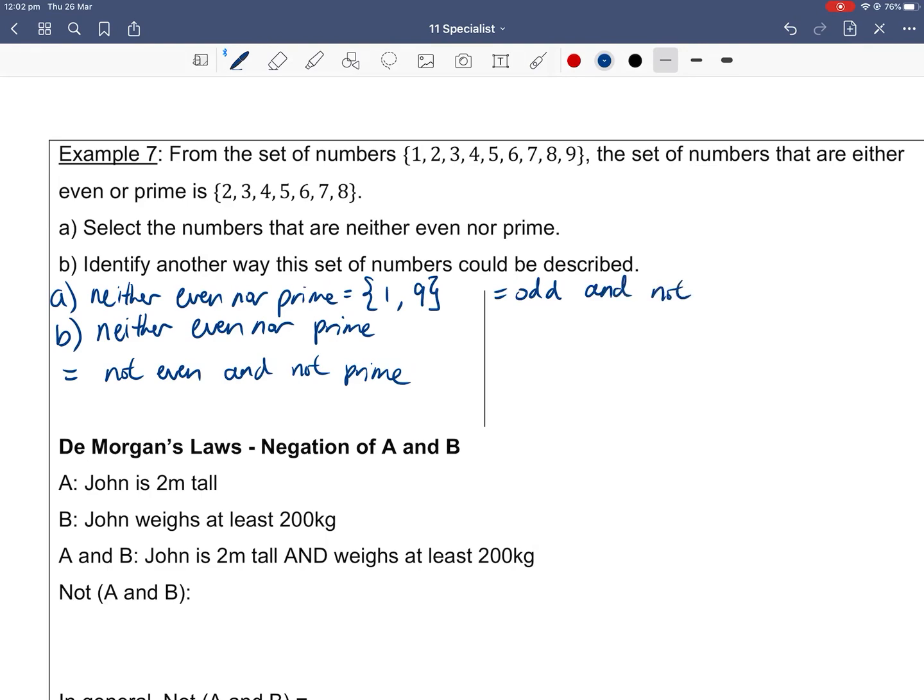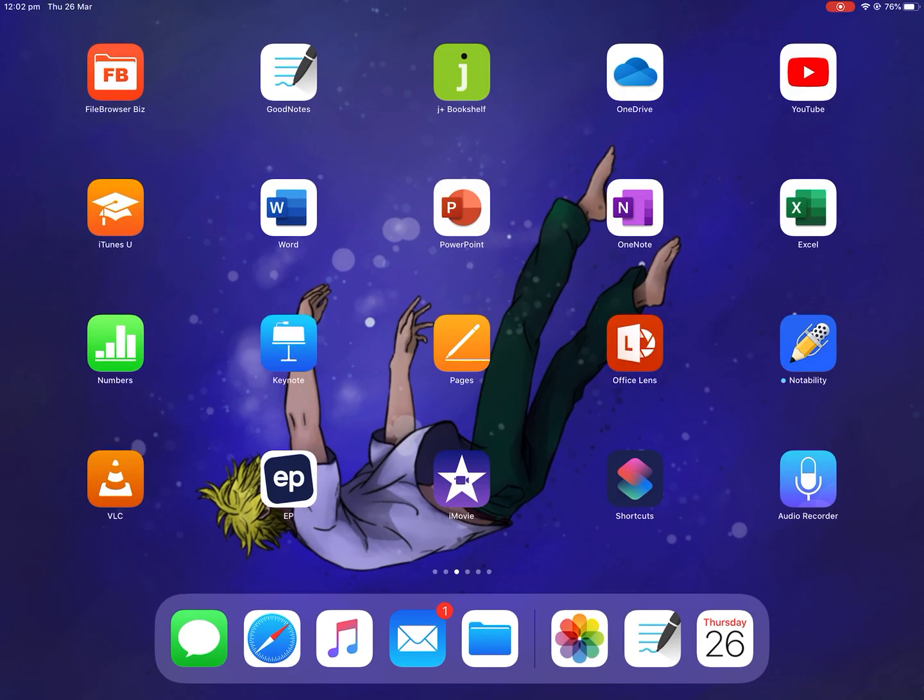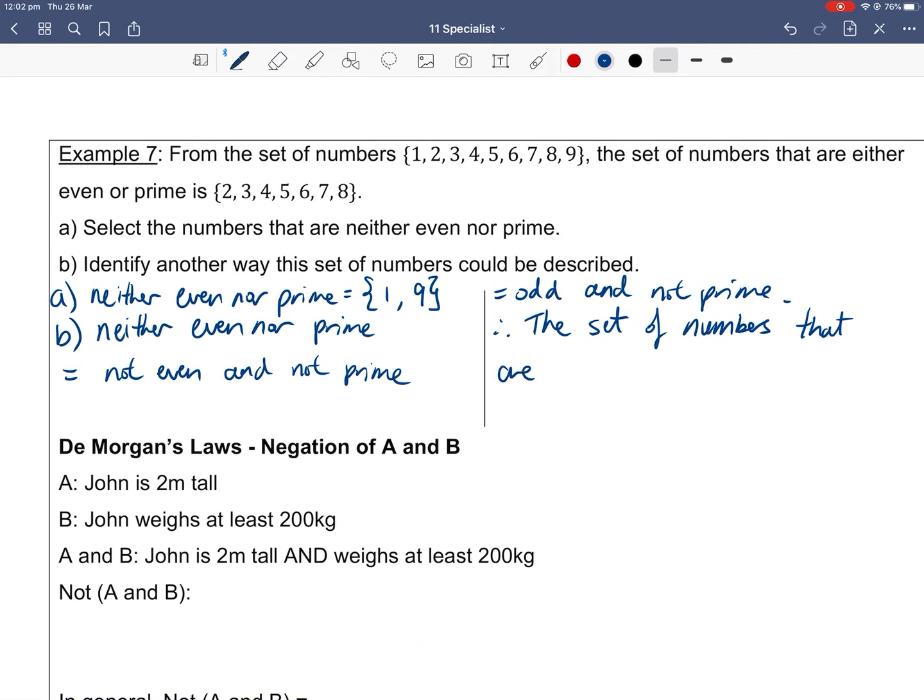Therefore, the set of numbers are the numbers that are odd and not prime.